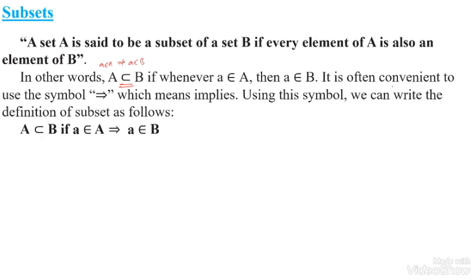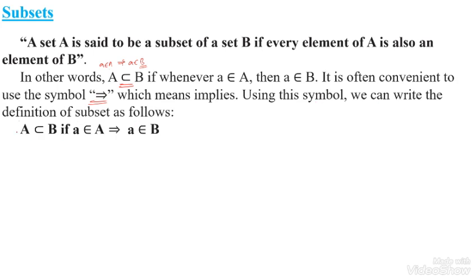Then it is often convenient to use the symbol implies. Implies means an element which belongs to set A, as well as the same element, belongs to set B also. That time we use the symbol implies. This symbol is called implies, and the other symbol is called the subset symbol. Using this symbol, we can write the definition of subset as follows.